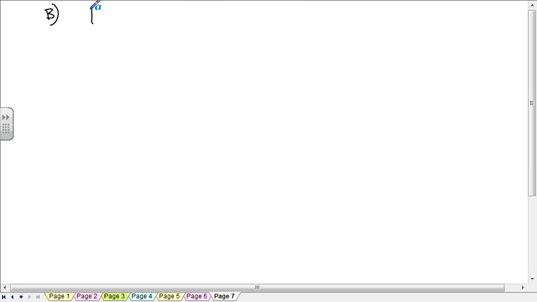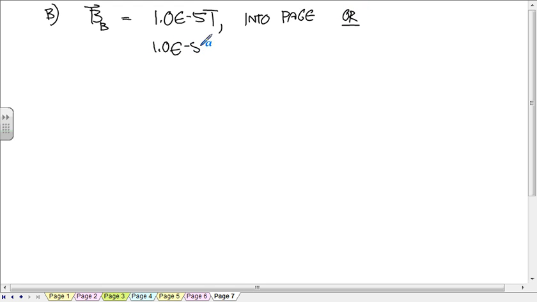So the magnetic field vector at B is equal to 1.0 times 10 to the minus fifth Tesla into the page, or probably a better way to write it is 1.0 times 10 to the minus 5th Tesla, like that.